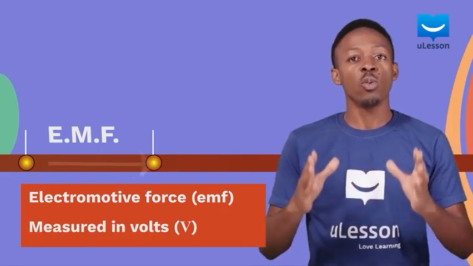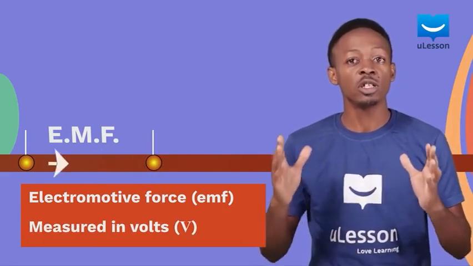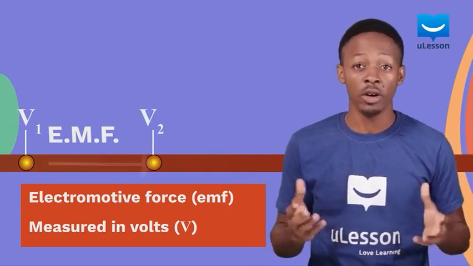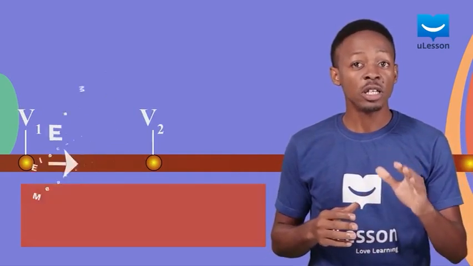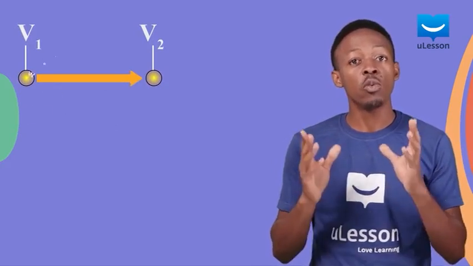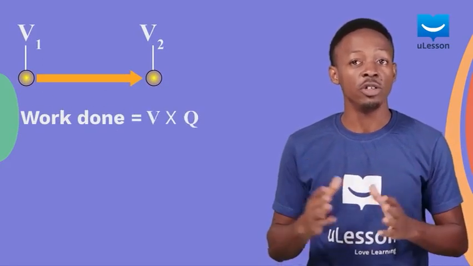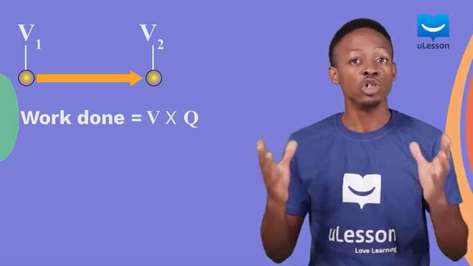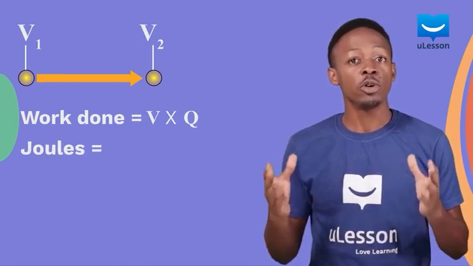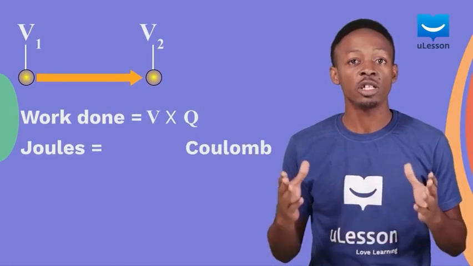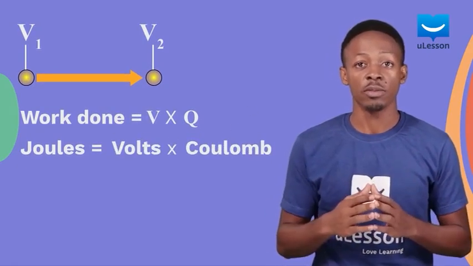So now, when that potential difference moves a charge from one point to another, we say work has been done, right? If the potential difference V is applied on a charge Q, then work done is V times Q. Recall that the work done is in joules, which is the product of the unit of Q, coulomb, and the unit of potential difference, which is volts.